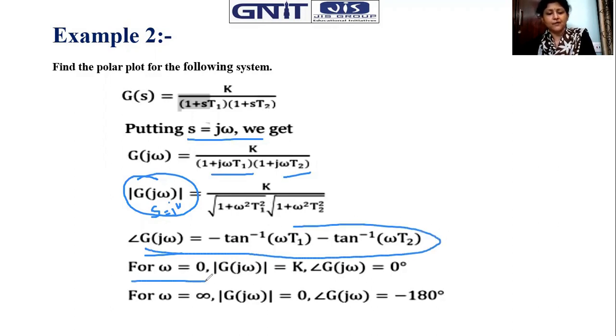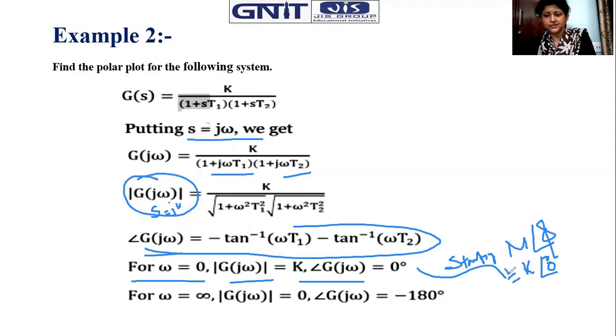Now for omega equals 0, what is the angle of G(j omega)? You need to find the phase as well as the magnitude, that is the starting point of the polar plot. What you are getting here is K at 0 degrees, the same as the previous numericals. So it is the starting phasor magnitude K, with the angle aligned with the positive real axis.